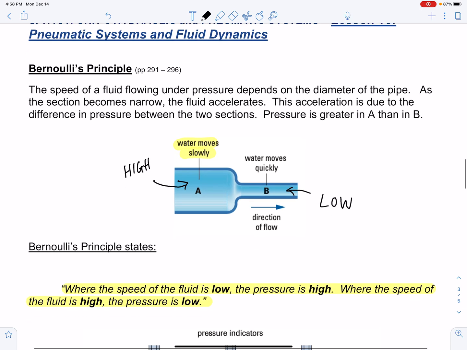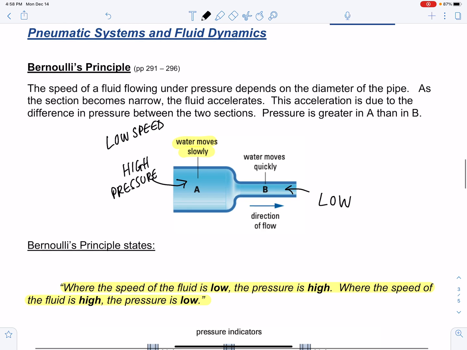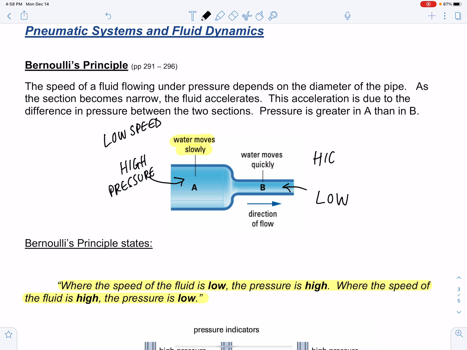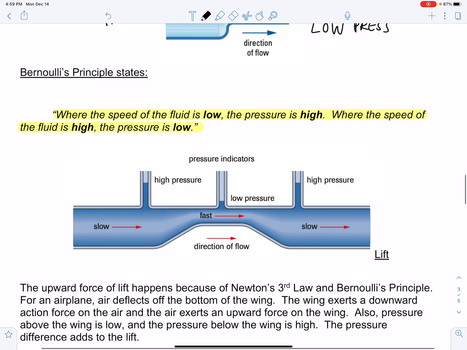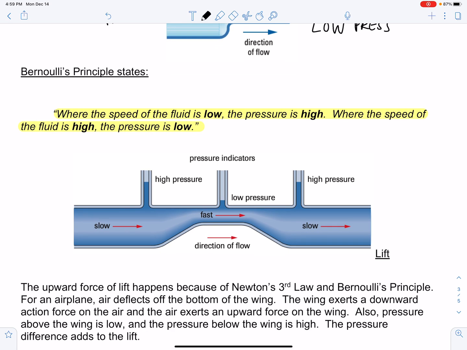So, low speed, high pressure, high speed, low pressure. Here we have a manometer that shows us this exact system.